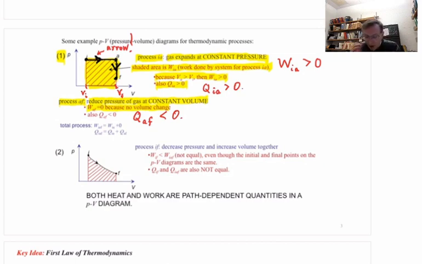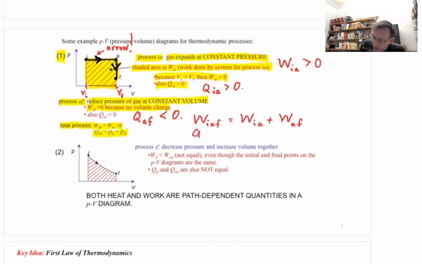Okay, so for the total together, from I to A to F, that's the whole experiment, we could be asked what the total work and the total heat transfer is. And assuming we had numbers, what we would do to get the total work in going from I to A to F is just take the work in going from I to A plus the work in going from A to F. That last term happens to be 0.